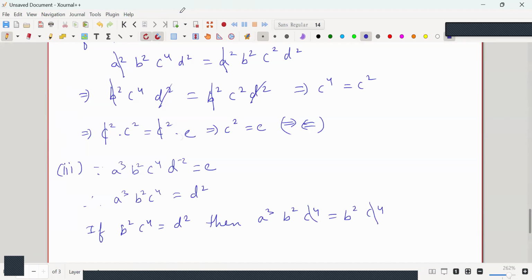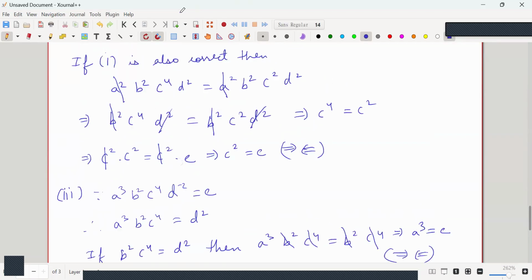Again, use the cancellation rule, and this will imply A cube is identity, which is again a contradiction. So the third one is also not correct.